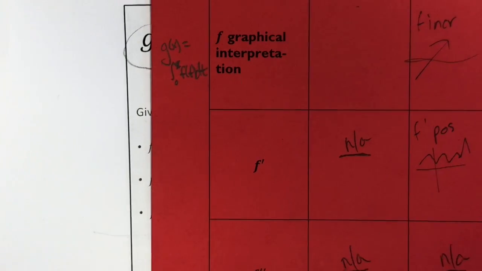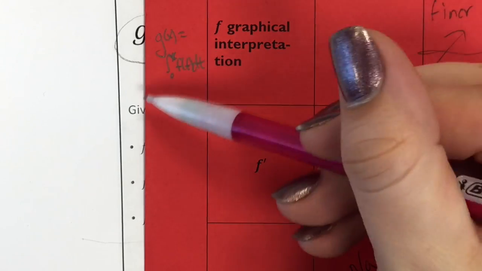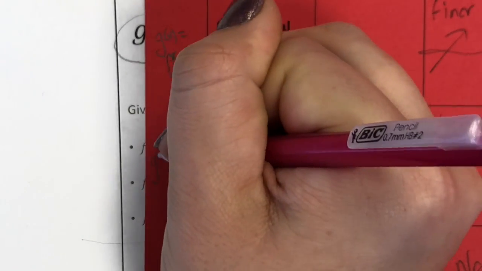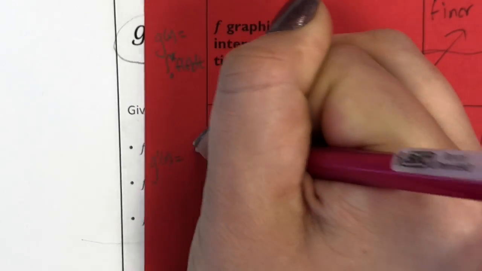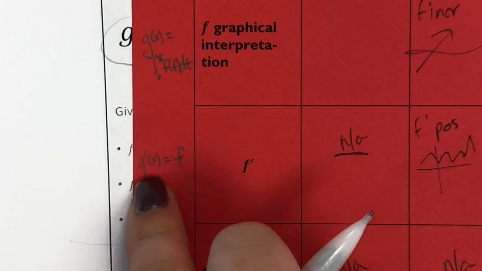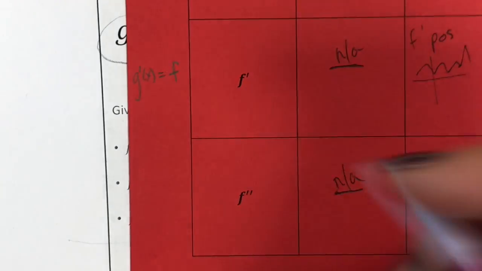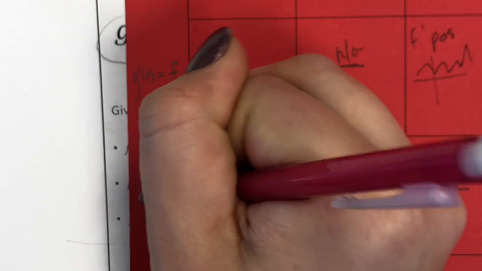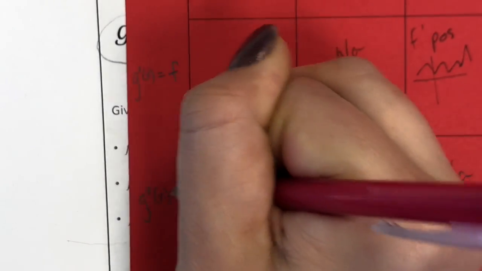Okay, so if G is the integral from 0 to x of f of t dt, then G prime would equal f. So like this row, that's the derivative, G prime, but that's equal to f, just like regular f. And G double prime would be f prime.